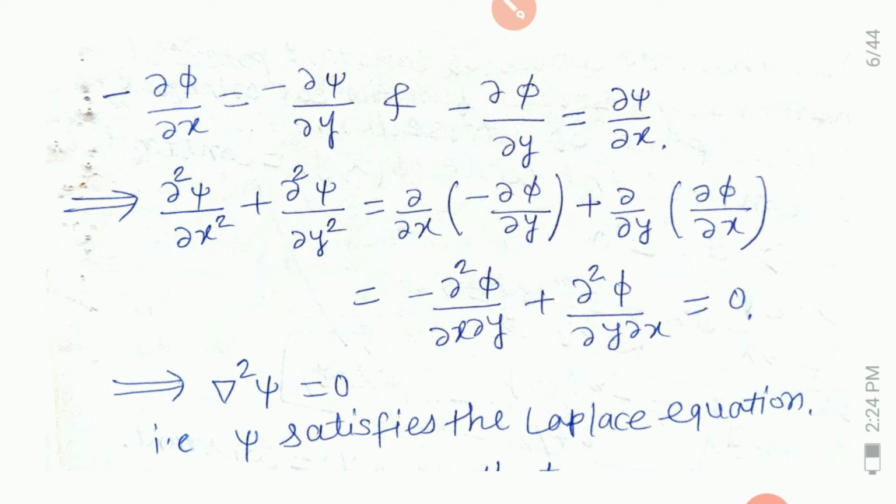Step second, we know that u is equal to −∂φ/∂x and v is equal to −∂φ/∂y.